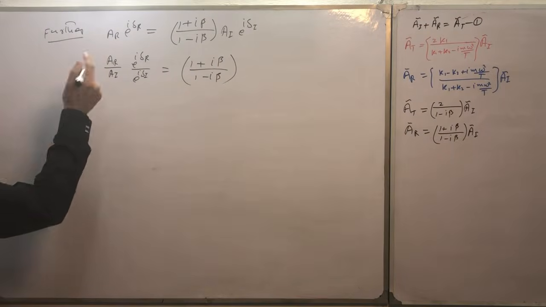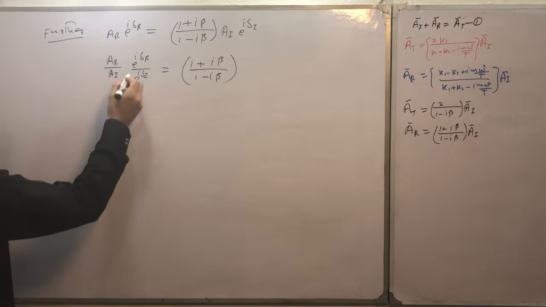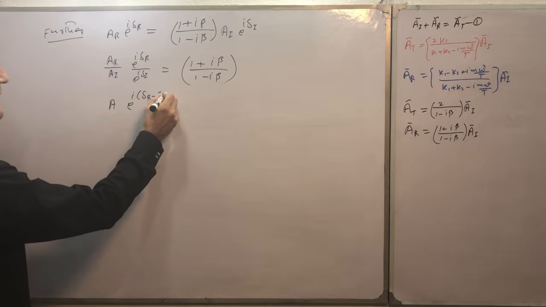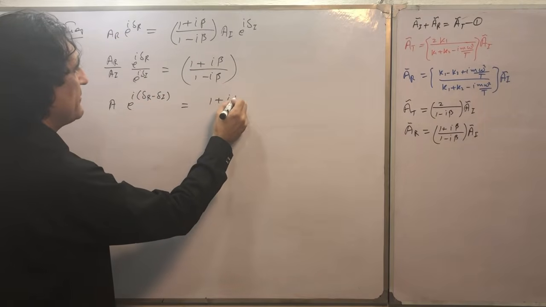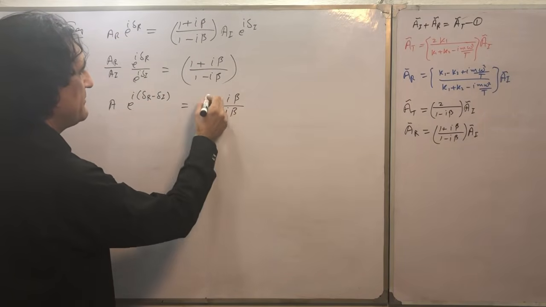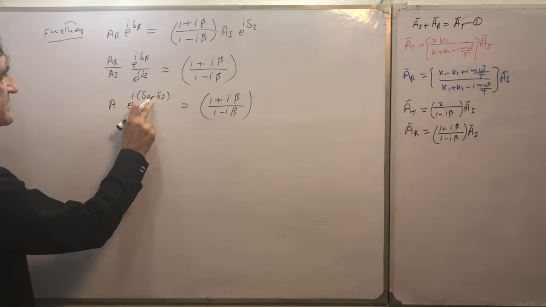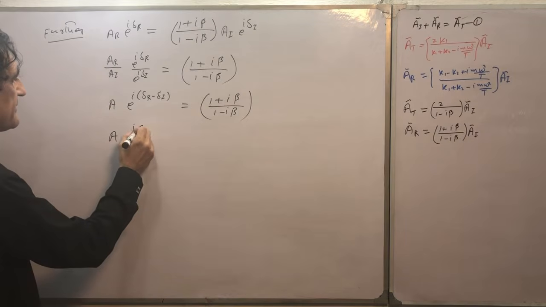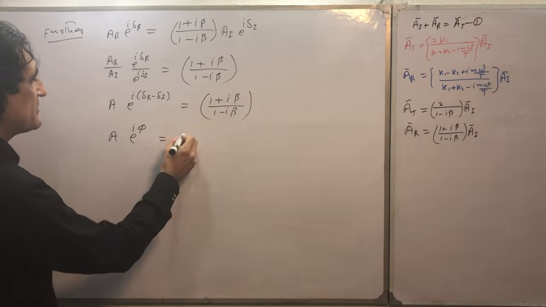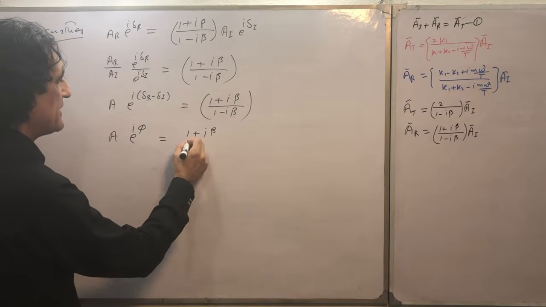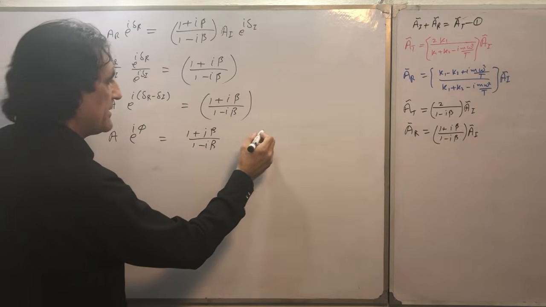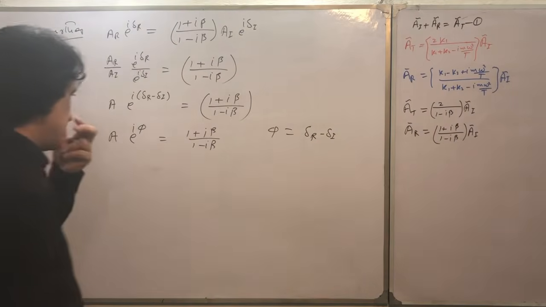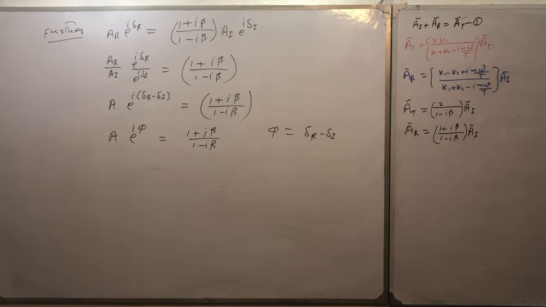Then AR divided by AI, let's suppose this is A, and e to the power iota delta R minus delta I is equal to 1 plus iota beta divided by 1 minus iota beta. And this is the difference between two phases, and I call this phi, which is equal to delta R minus delta I, the difference of two phases. This is phi.